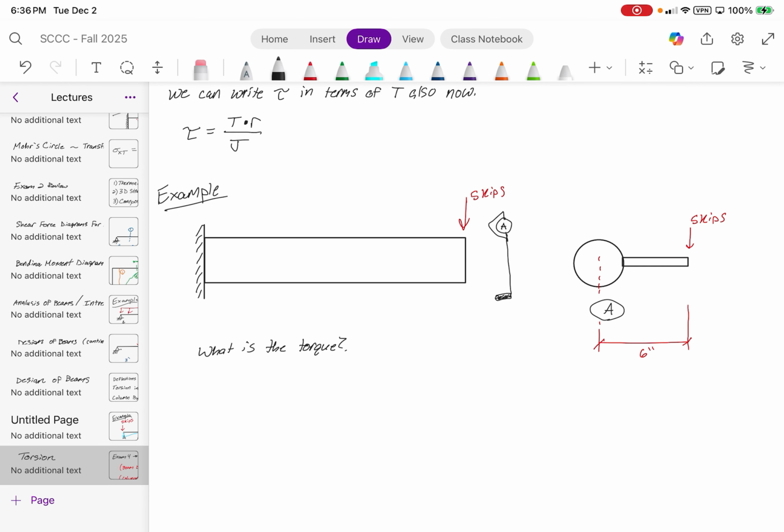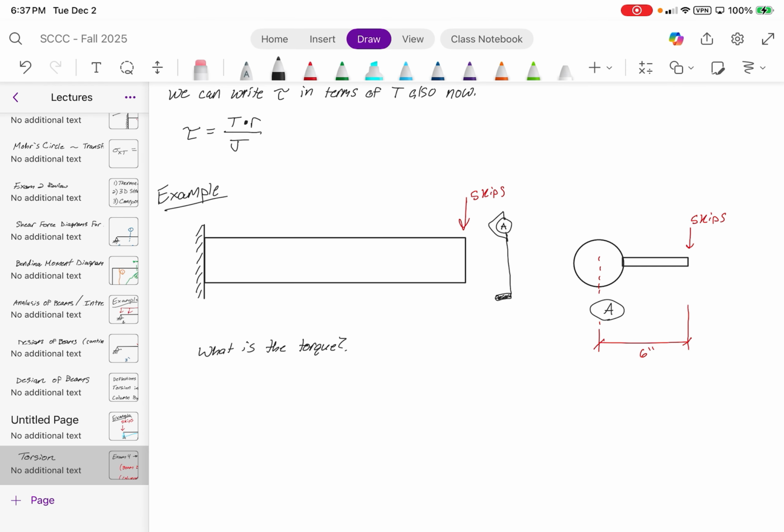Olivia, you got it? No? Who here's got it? Michael, you got it? You just multiply the 5 kips times the 6 inches. Yeah.